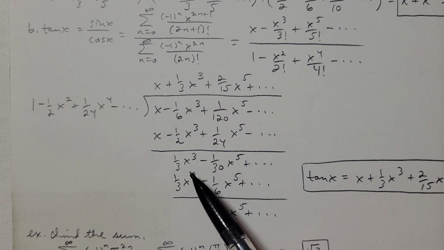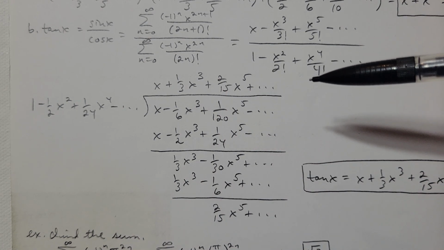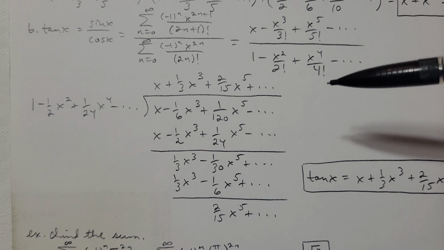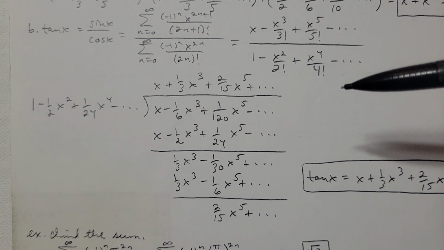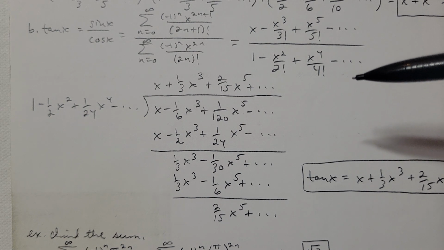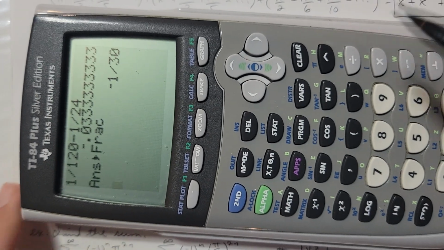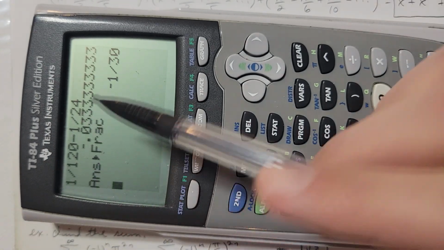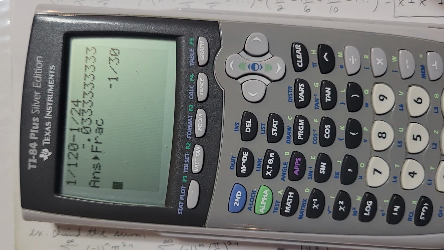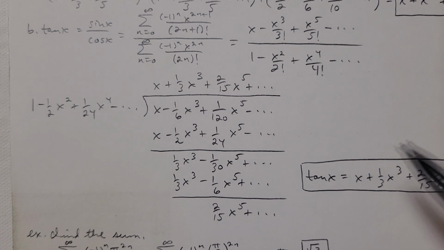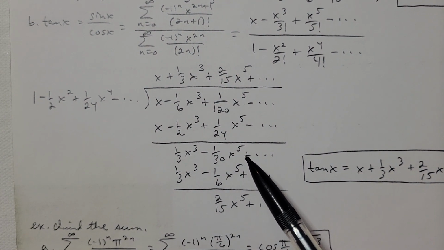So I get 1/3 x cubed, and then 1 over 120 minus 1 over 24 is, as a fraction, negative 1 over 30. Okay, so I've got minus 1 over 30 x to the 5th, and then plus, etc.